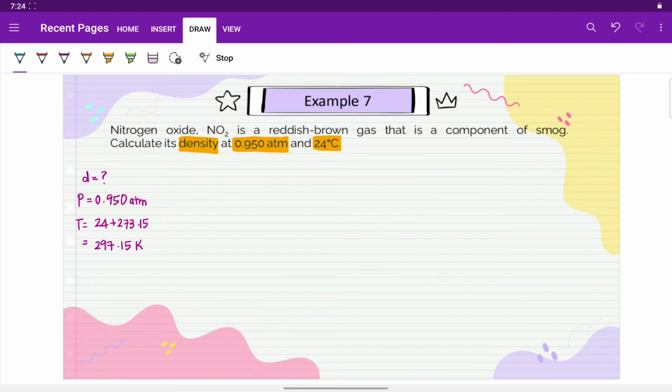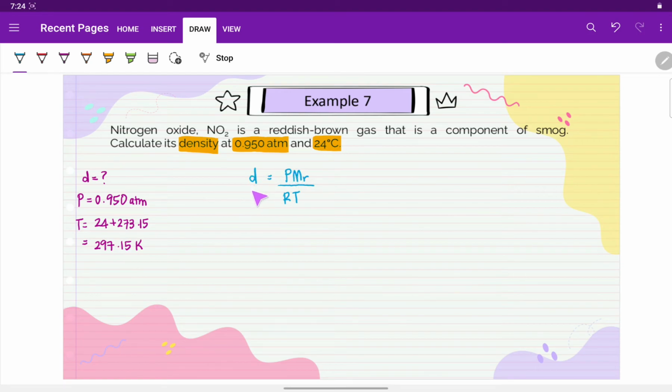Okay, so kita ada satu equation khas untuk density daripada kita punya derivation from ideal gas equation. Saya tak akan tunjukkan derivation dekat sini, saya akan terus tunjukkan kita punya equation. So the equation that we're going to use to find the density, okay, it will be density equals to P M over RT.